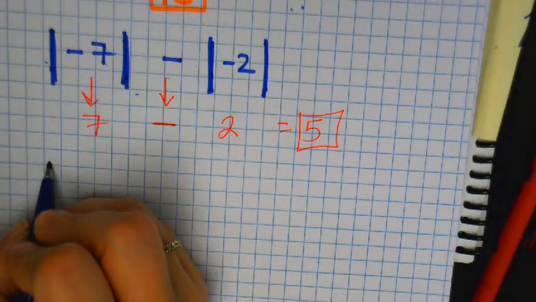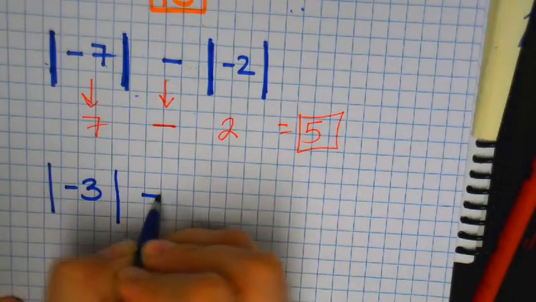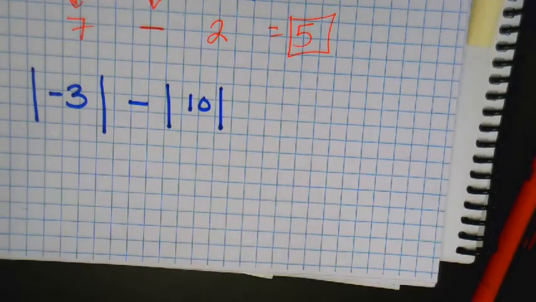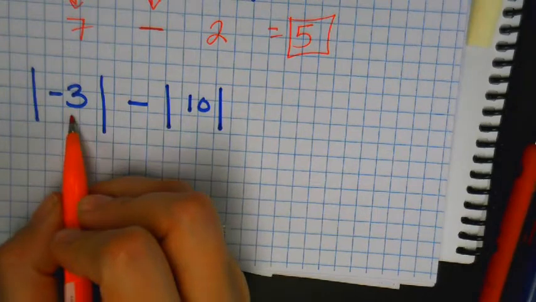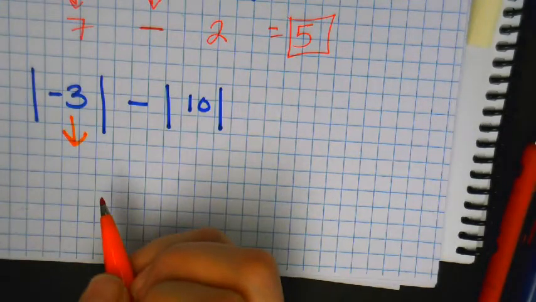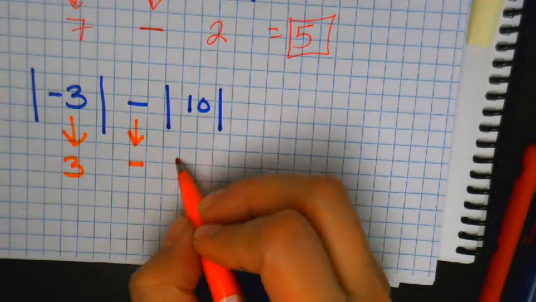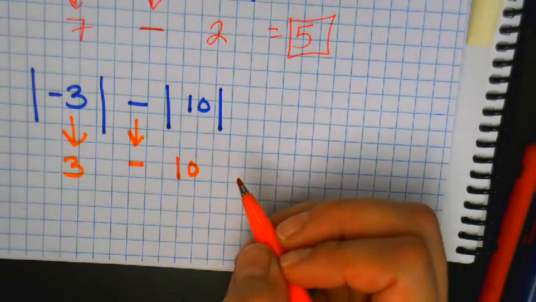But what if you have the absolute value of negative 3 minus absolute value of 10? Bring this number down. Absolute value of negative 3 is 3. Bring down the minus. Absolute value of 10 is 10. Then you realize, oh no, this is not a second grade problem.